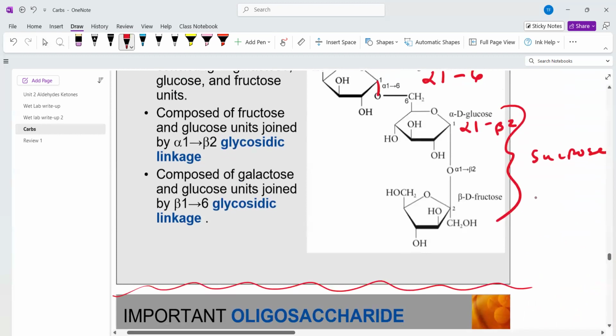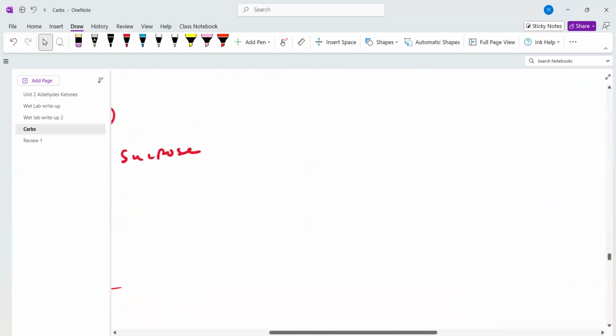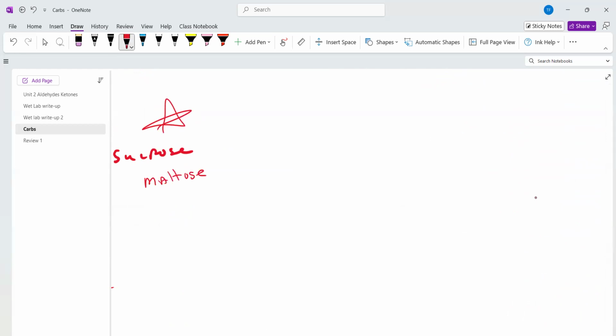I want to do one more Benedict's reaction though. Let's take maltose and run a Benedict's test on it. What does that look like? I'm going to draw maltose in its closed form, because remember maltose.